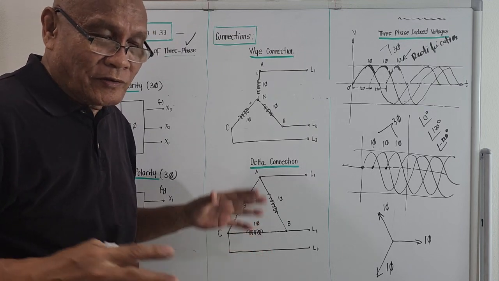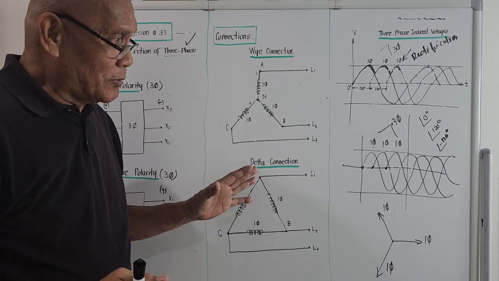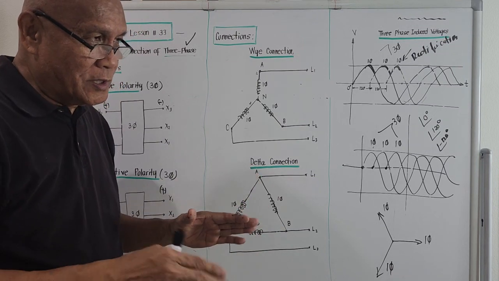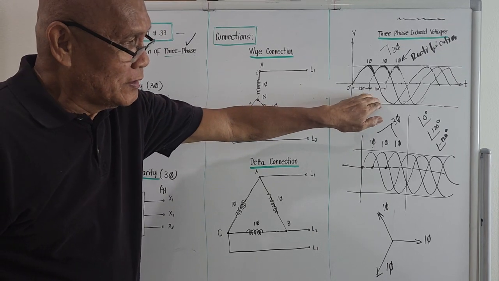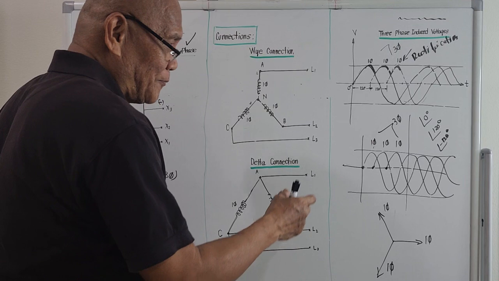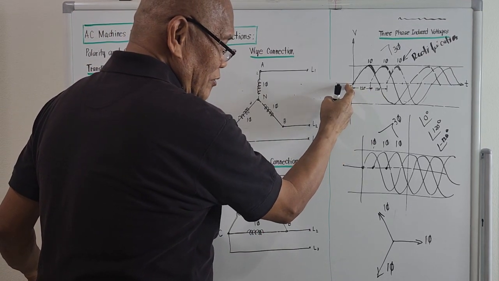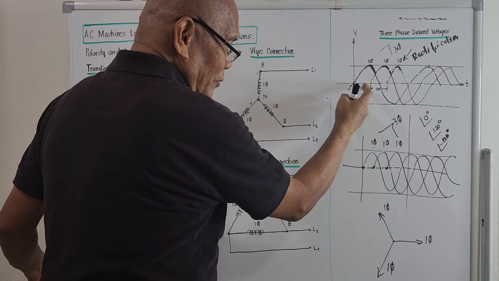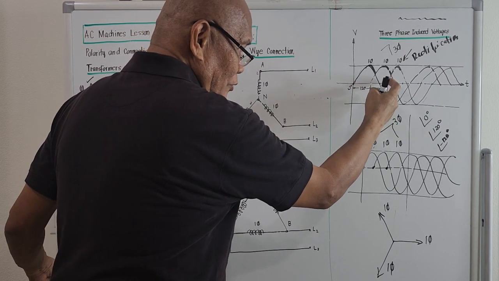They are just simply interconnected, whether it will be Y or delta. And for the voltage that will be induced on the windings, there is an angle of lag for each voltage, right? First phase, it will start at 0. Second phase, it will start at 120. The third phase will start at 240.